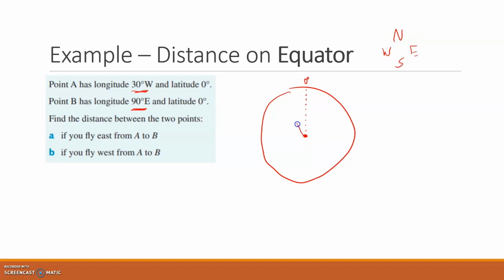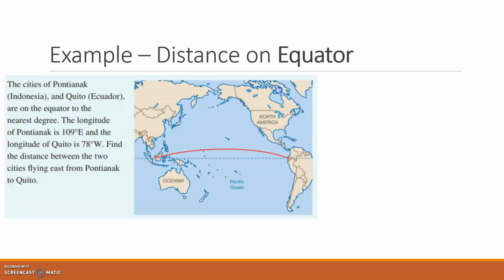So 30 degrees west is somewhere about here. Now point B has a longitude of 90 degrees east, so that means it's roughly here. So let's label both of those points now: 90 degrees east, that's point B, and 30 degrees west, that's point A.